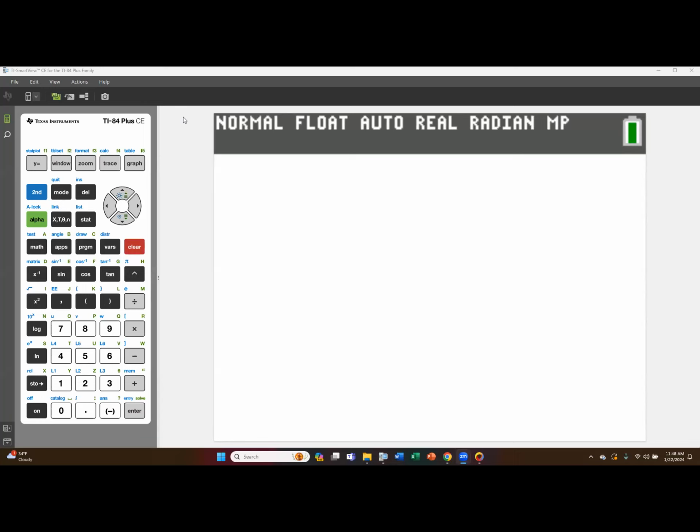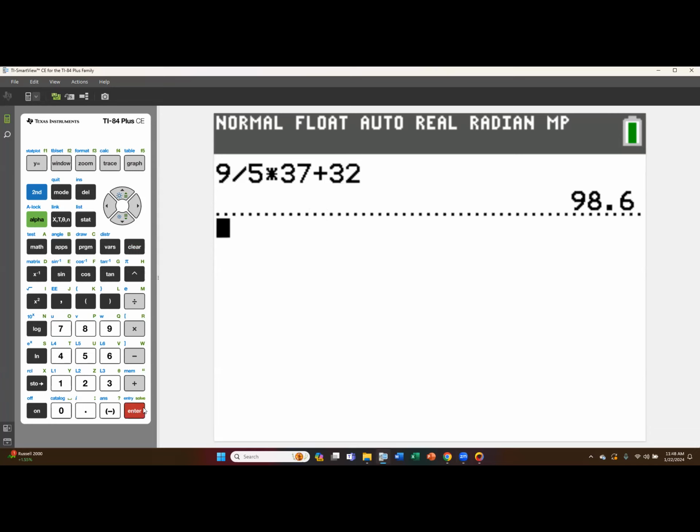Because of PEMDAS, I can take the 9 and divide that by 5 and then multiply that by 37. So PEMDAS works. It takes divisions and multiplications from left to right. So it will divide the 9 by 5 and then take that result and multiply it by 37 and then add 32. It's 98.6. Who knew? So you could do it that way because of the way PEMDAS works.